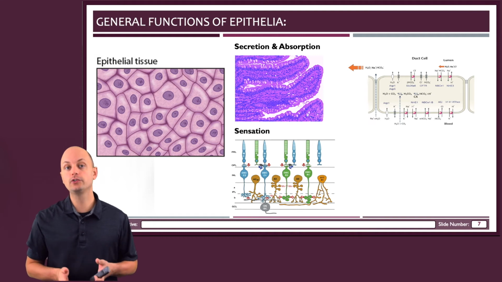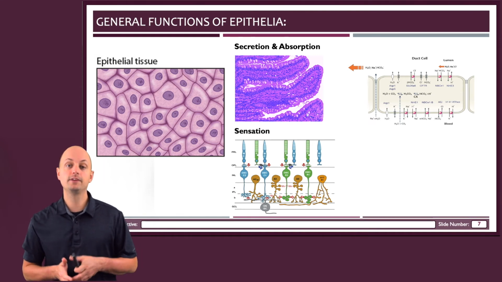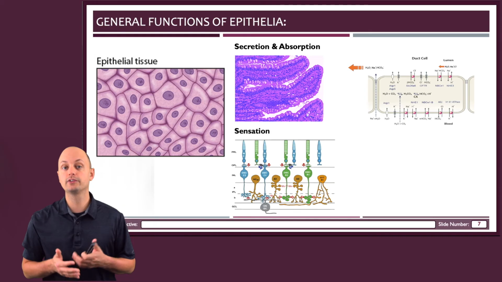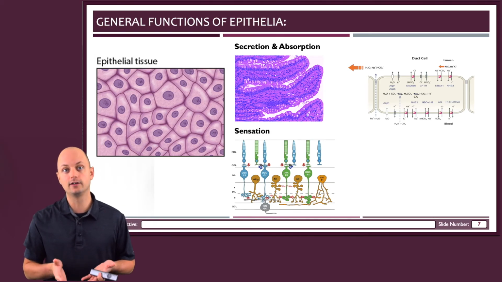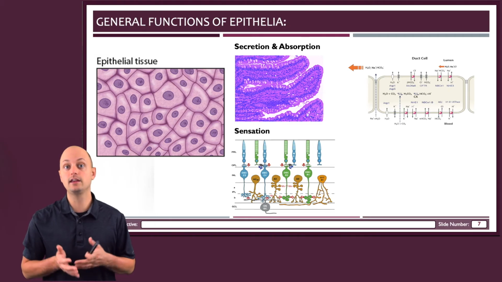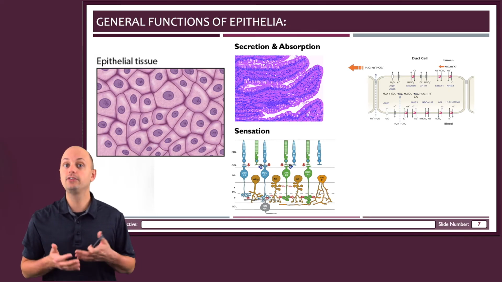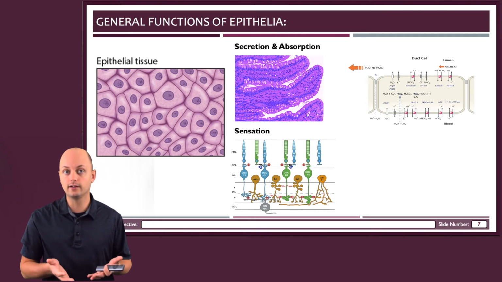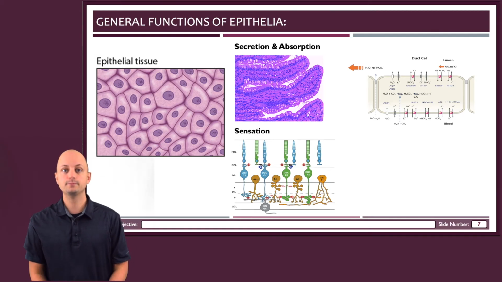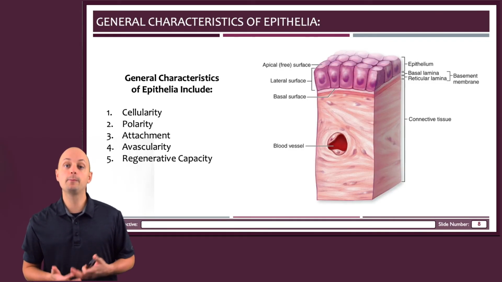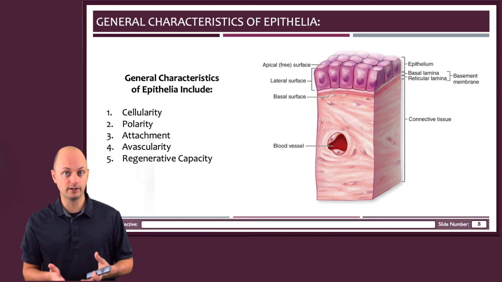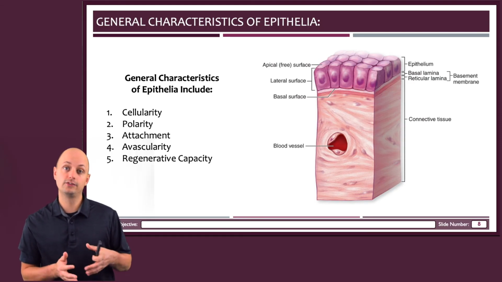Occasionally, epithelia can also serve as receptors, but this happens pretty rarely because receptors are usually located on neurons. But in the case of our specialized senses like vision and hearing, it's actually epithelial cells that capture photons and sound waves.